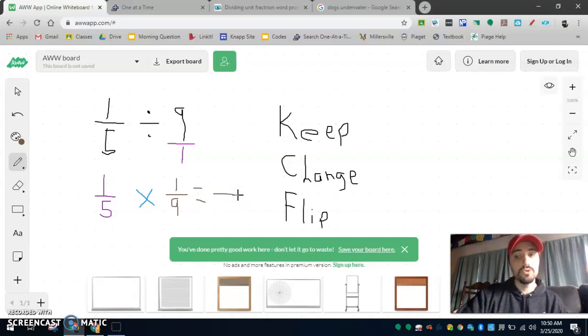What's my new numerator? My new numerator is 1, because 1 times 1 is 1. And what is my new denominator? 45. Excelente. So our answer ends up being 1/45 with keep, change, flip.